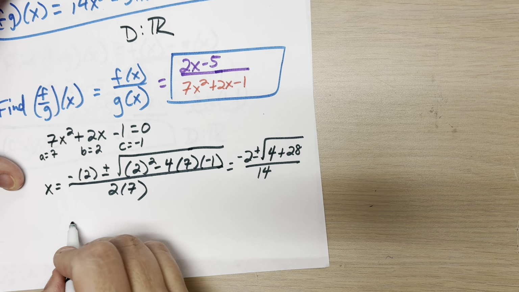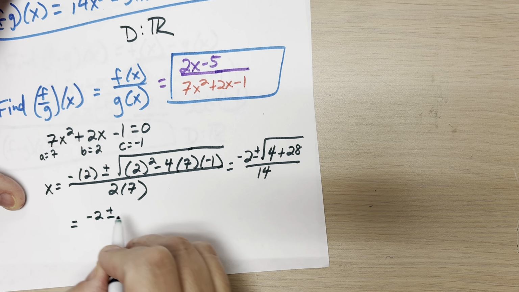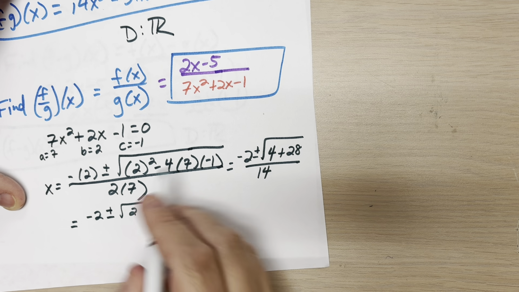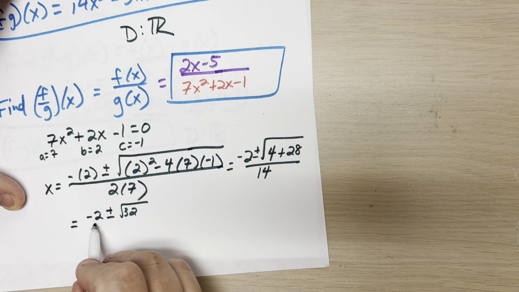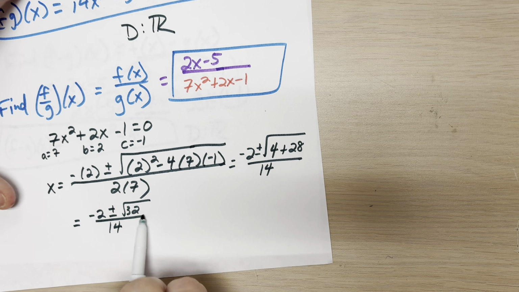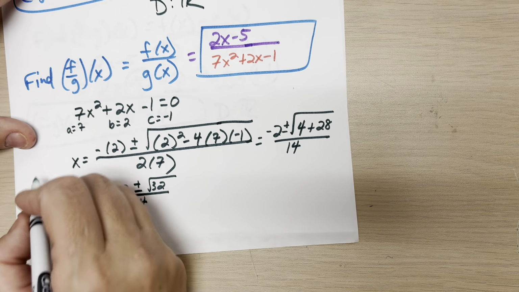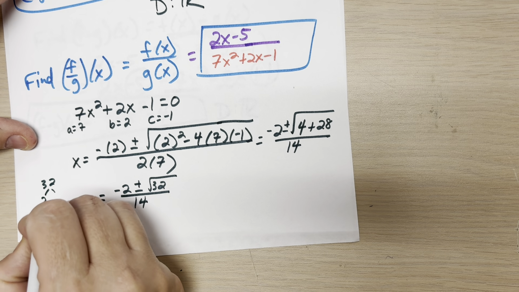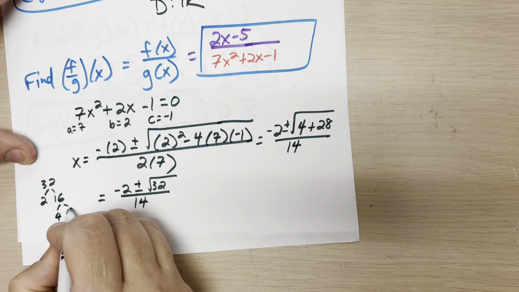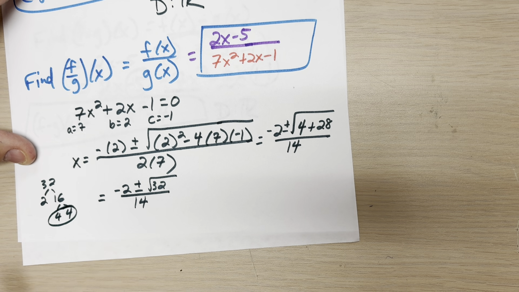All right, let's see what happens here. -2 plus or minus the square root of 20. Oh no, just kidding. 4 and 28 is 32. Ooh, that was a good save. Over 14. Can I simplify the square root of 32? Pretty sure that I can. I can do 2 times 16. Oh, look at that. It's a perfect square. So this is going to be rewritten as 4 rad 2.